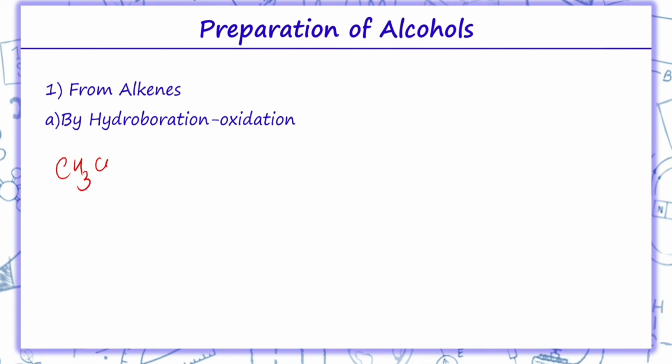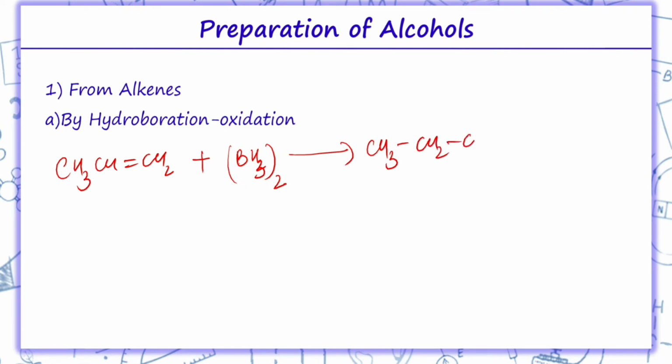So we have alkene over here, CH3 CH double bond CH2. Diborane, that is BH3 whole twice, reacts with alkene and thus it follows anti-Markovnikov's rule. So here we will get CH3 CH2 CH2 BH2.